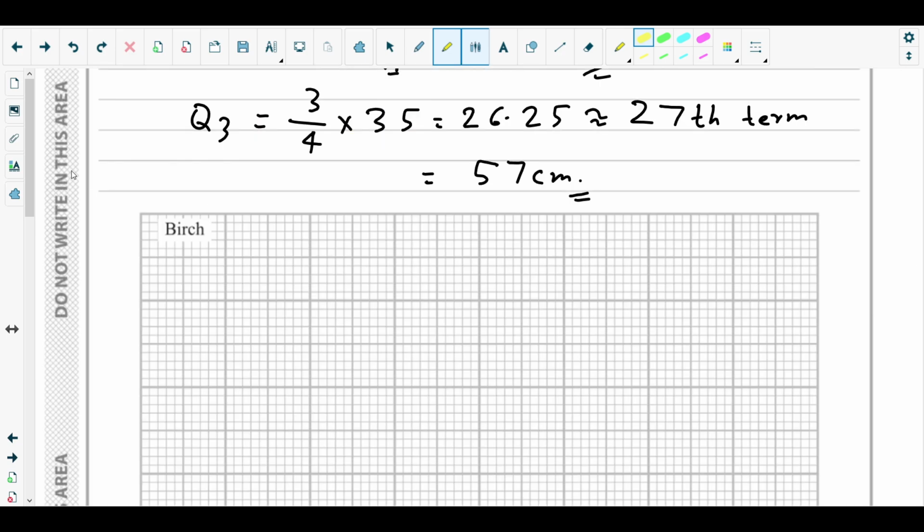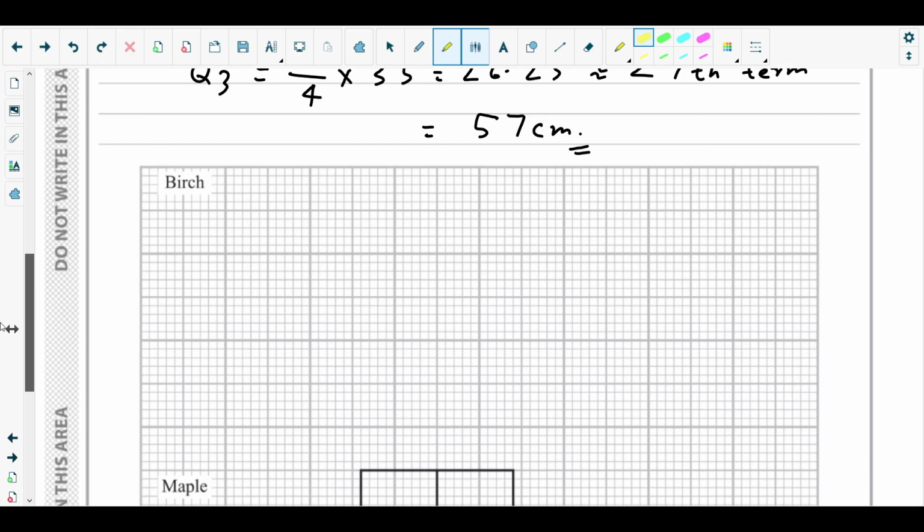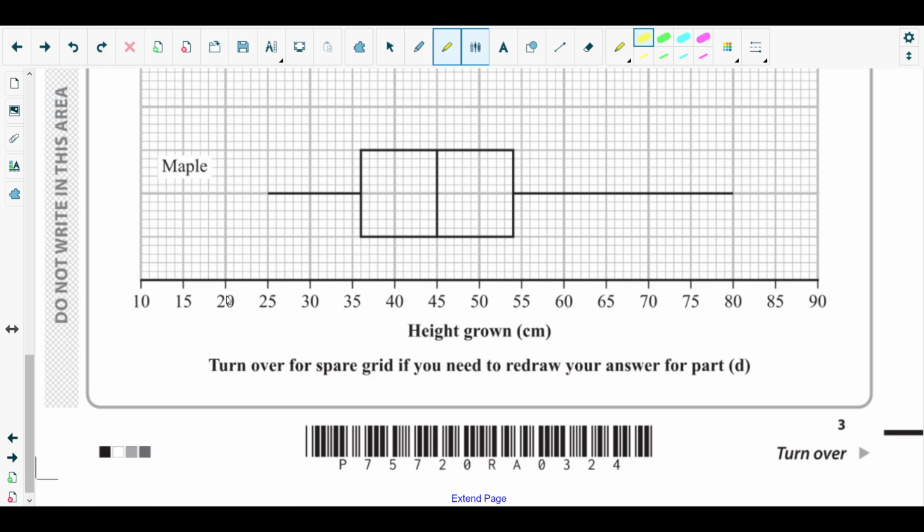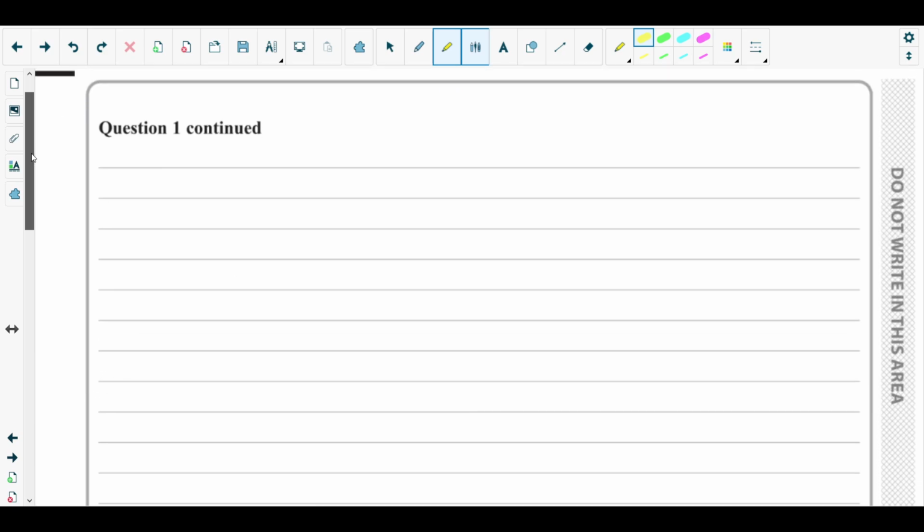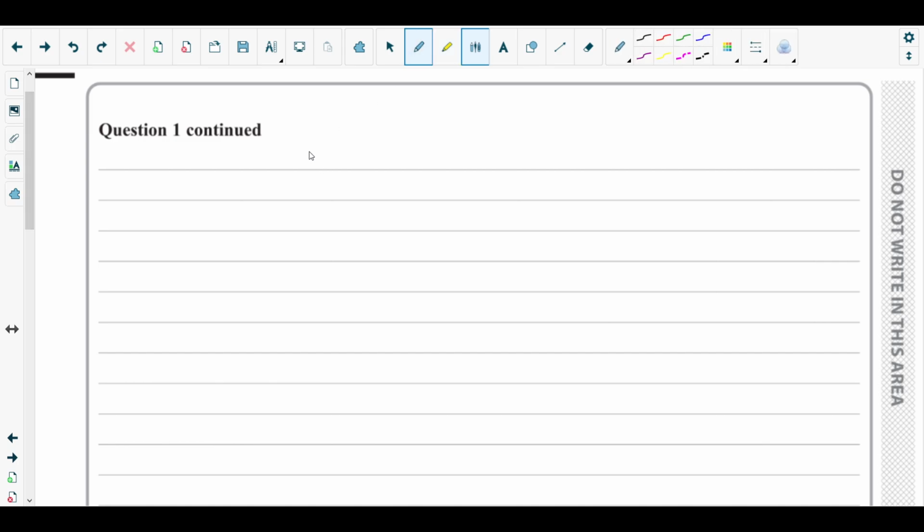For part C, at first consider the lower limit. The lower limit is Q1 minus 1.5 times Q3 minus Q1.